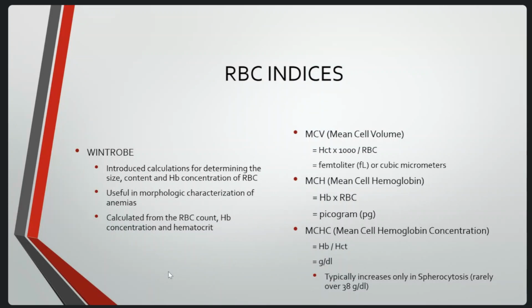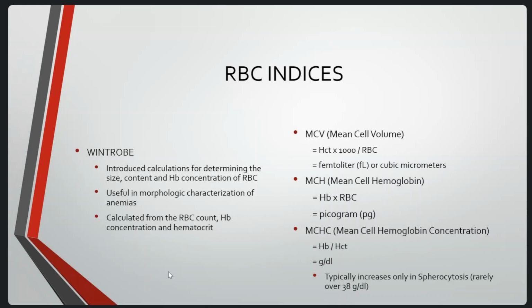This is the formula: hematocrit times 1,000 divided by the red blood cell count, and this is expressed in femtoliters. The normal value is about 80 to 100 femtoliters, so if it is less than 80, it can be categorized as microcytic anemia, and if it's more than 100, then macrocytic.